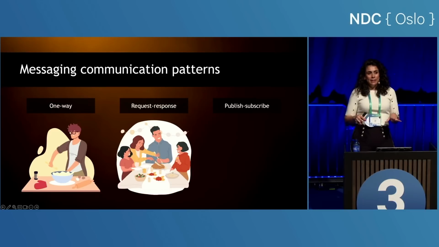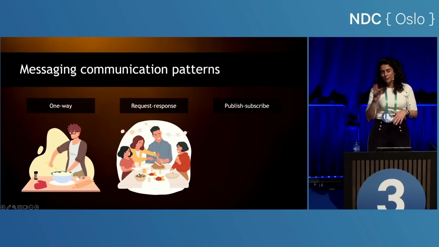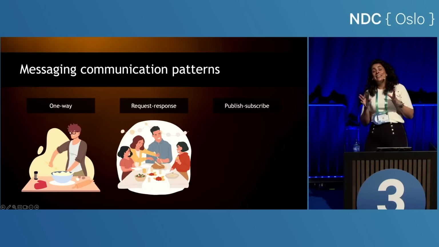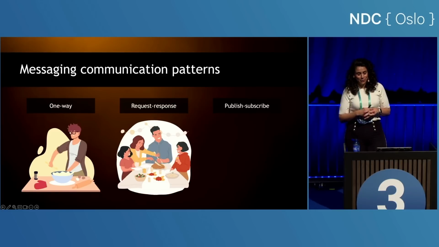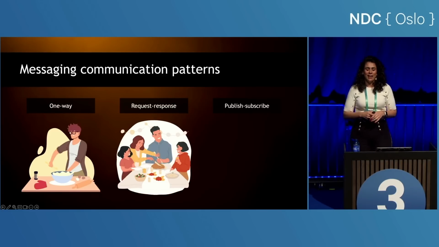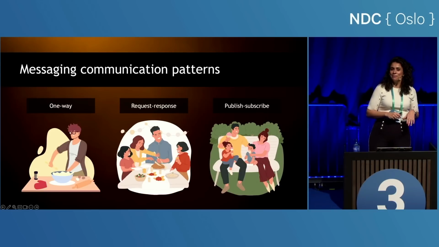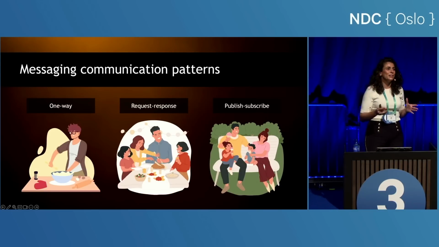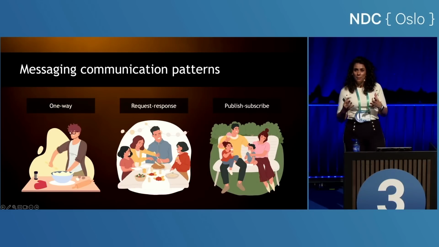And then finally, if it was a good day, and this applies mostly to my youngest, and she ate well, which is not every day, unfortunately, then my husband and I will look at each other and say, yeah, it's an ice cream type of day. At that point, we will publish an event stating that there's ice cream available. Now, why are we using publish-subscribe?